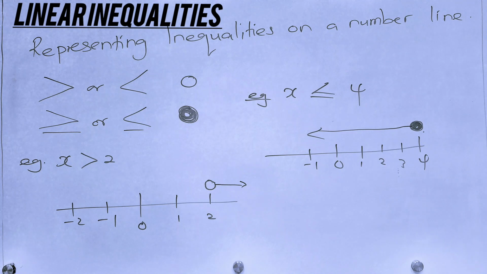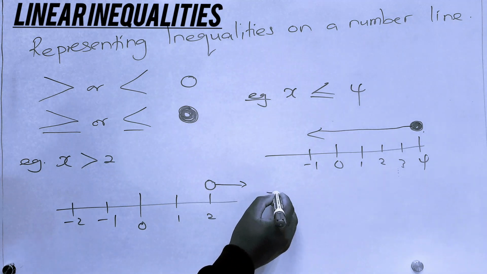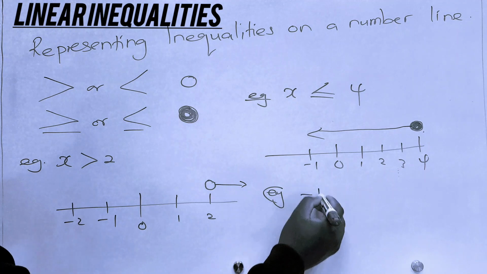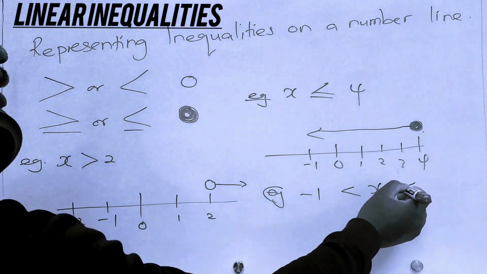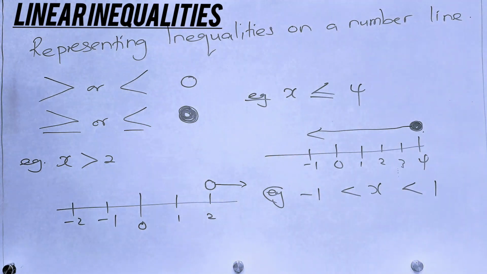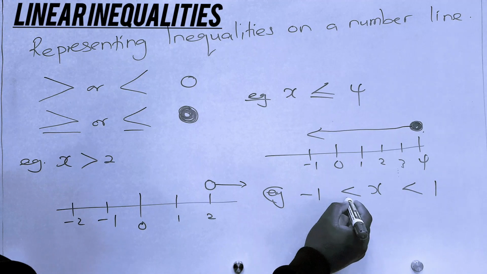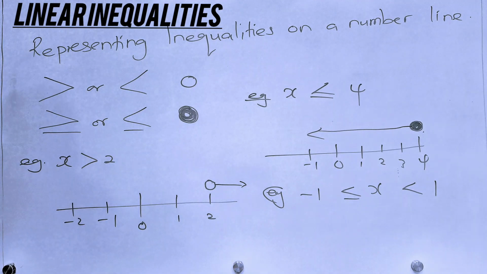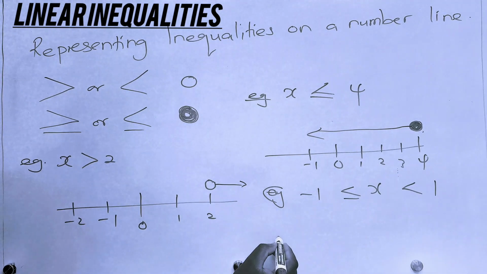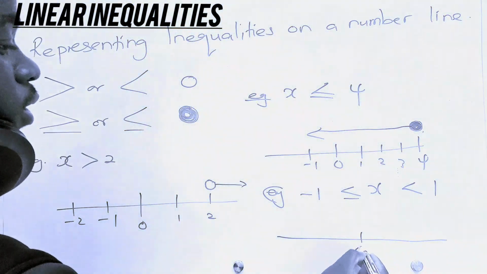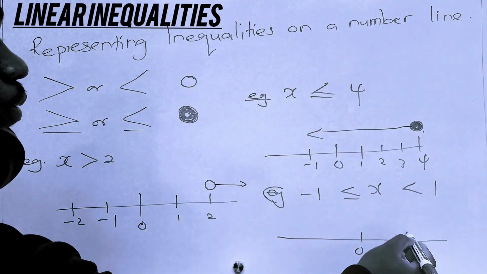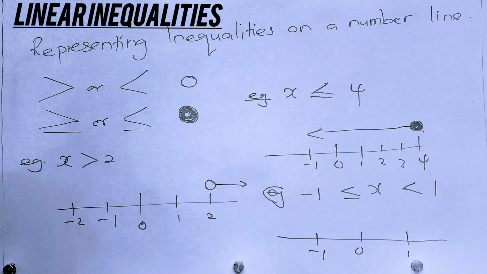Another type of solution can be like this. Minus 1 is less than x, which is less than 1. This one is a joint inequality. So what happens here when representing is, let me put this one first, and I'll leave that one open. So we represent it like this: 0, 1, minus 1.